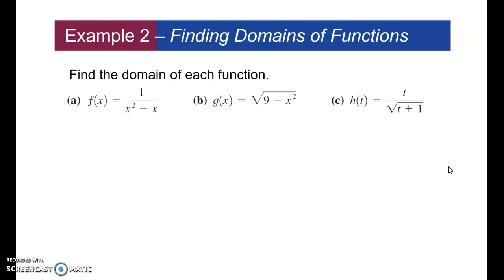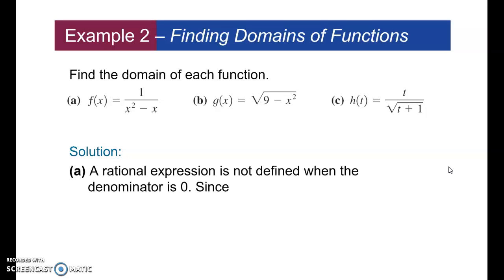Okay, so let's use that same logic here in example 2. In A, we define function f to be 1 over x squared minus x. We know we cannot divide by 0. Therefore, that expression in the denominator, x squared minus x, cannot equal 0.